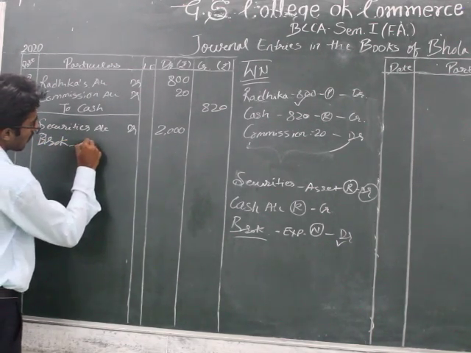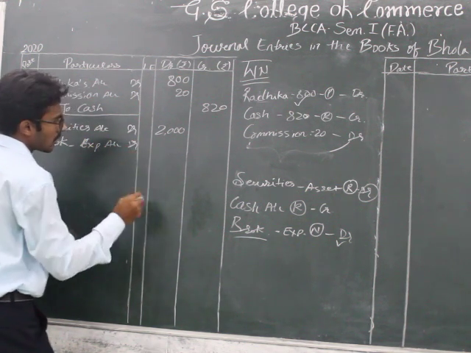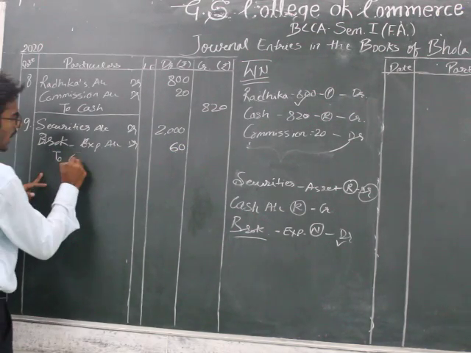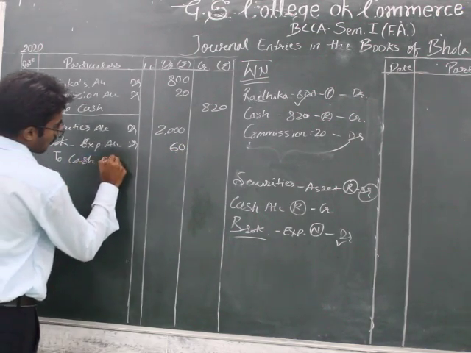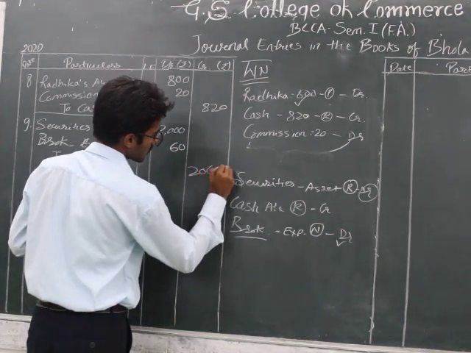Brokerage expense account debit rupees 60 to cash account, the sum of these, 2060.